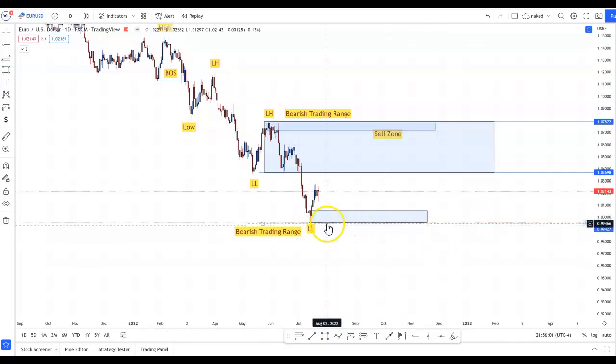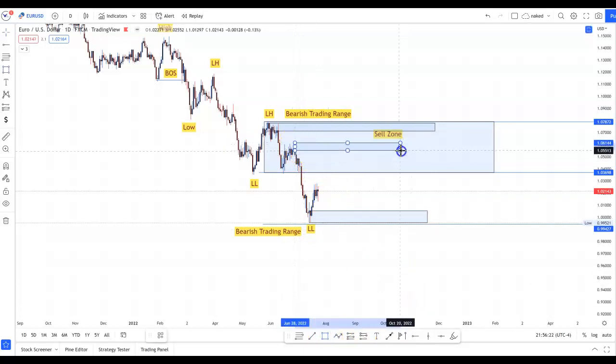This right here will be our major demand zone. This also will be our major supply zone. Anywhere in between the major supply and demand zones will be a minor supply and demand zone. So we have a minor supply zone here, and we also have one right here.